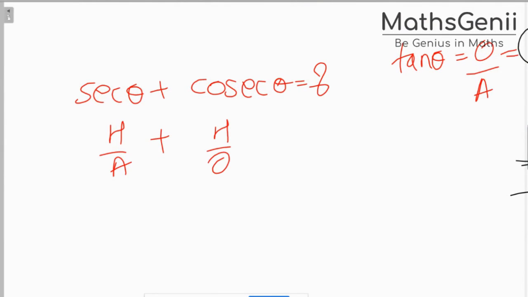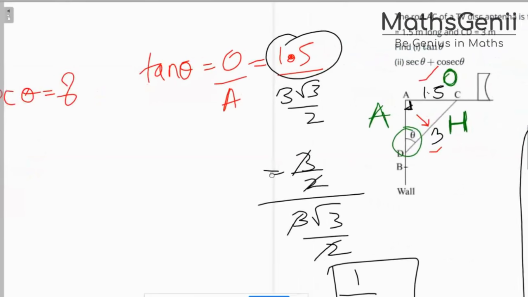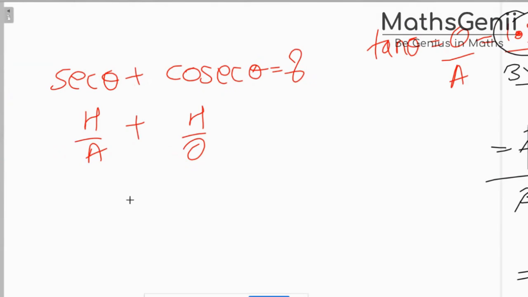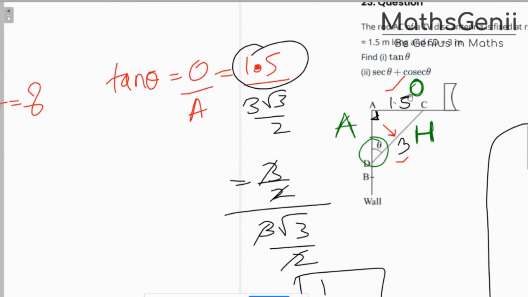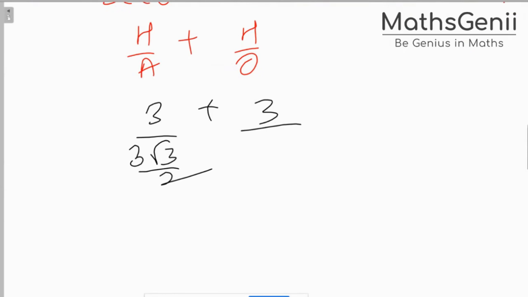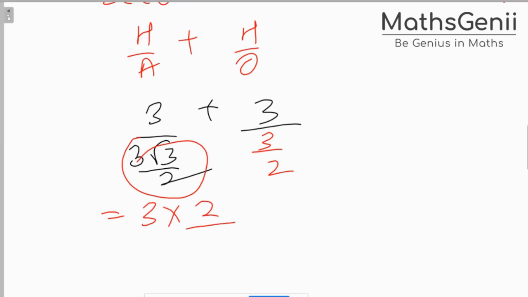What is your H? H is 3. What is your A? We just found out A is 3 root 3 upon 2. What is your O? O is 1.5, but in place of 1.5, I'm writing 3 upon 2. Correct? So 3 into this division, when it becomes multiplication, you have to reverse the denominator, so this gets reversed.